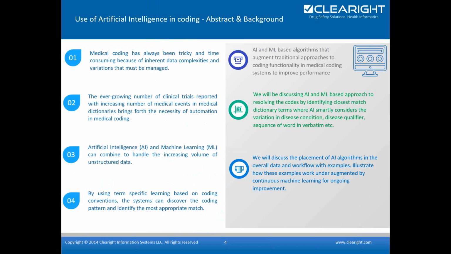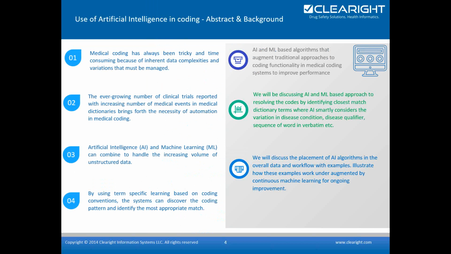As we considered earlier, data complexity, variations, and volume boost the need for AI and ML in a coding system. So the AI and ML-based approach smoothly considers the variation in disease conditions, disease qualifiers, the sequence of the words, etc. Hence, it handles the increasing volume of unstructured data.